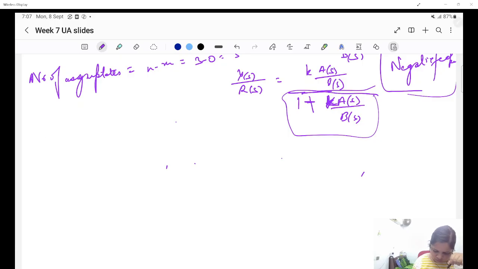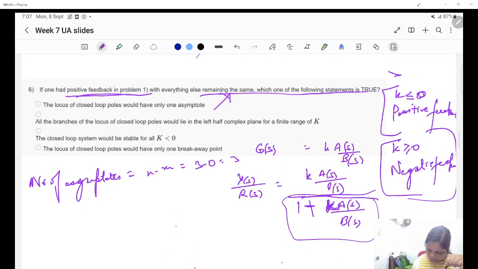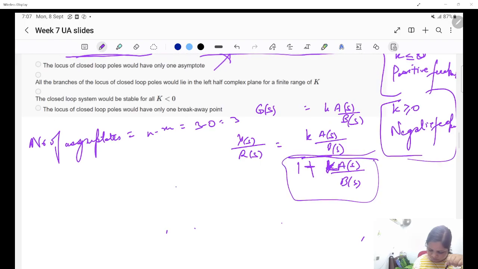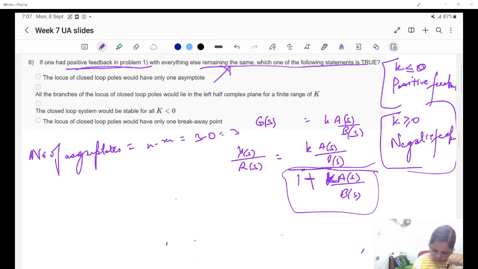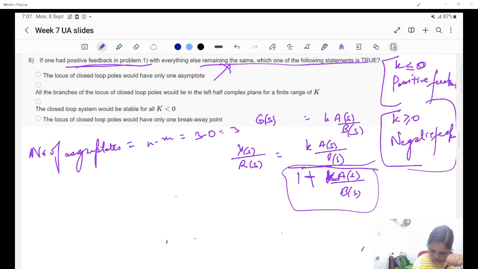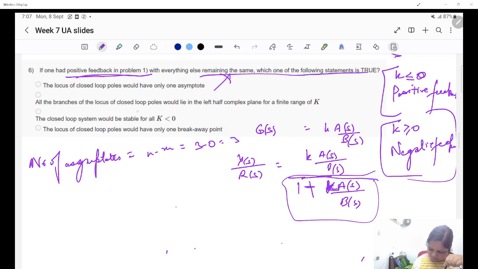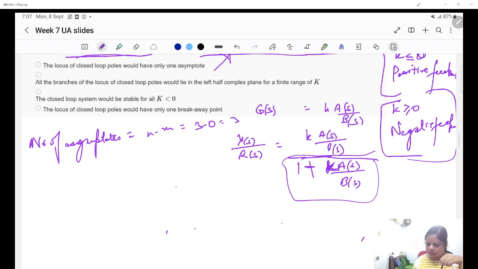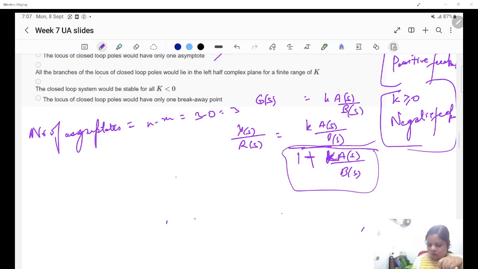So all the branches of the locus of closed loop poles would lie in the left half of the S-plane for finite range of K. This is what it is asking.